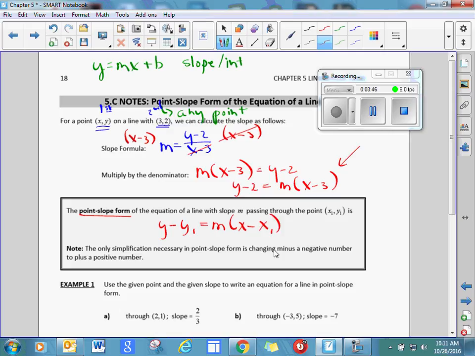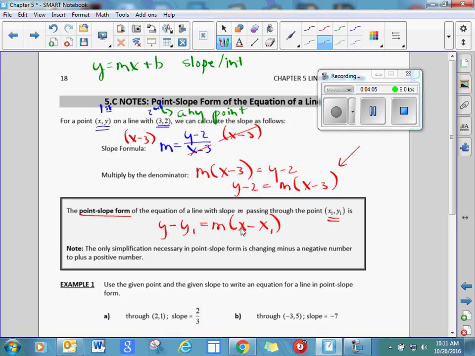So this is the formula you're going to want to remember. You aren't responsible for deriving it, for coming up with it. I just ran through this pretty quickly, but this is the formula right here, where x1, y1 is the point that you know. So up here, it was the 3 and the 2.